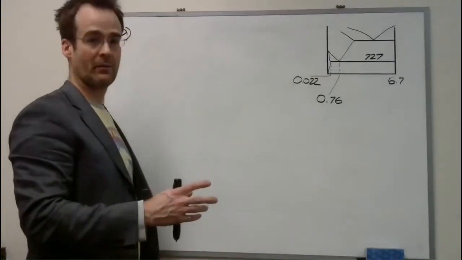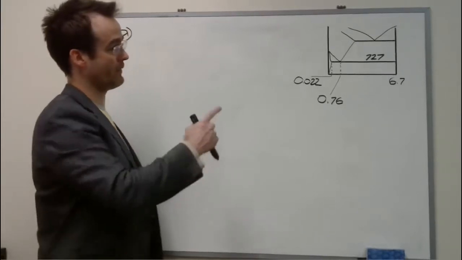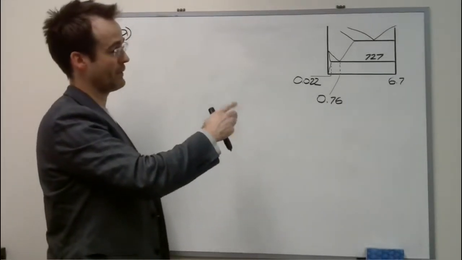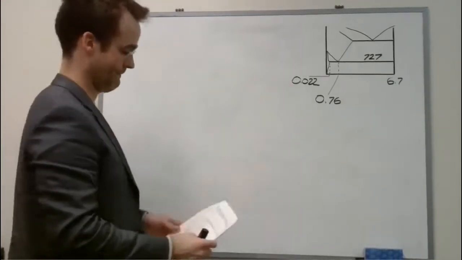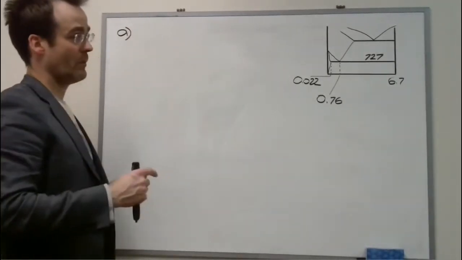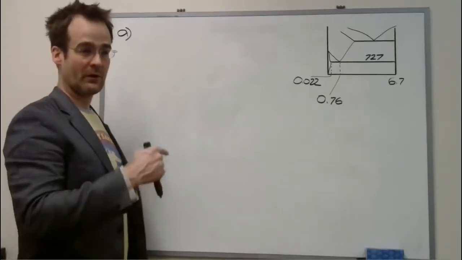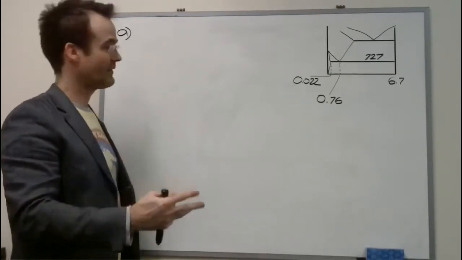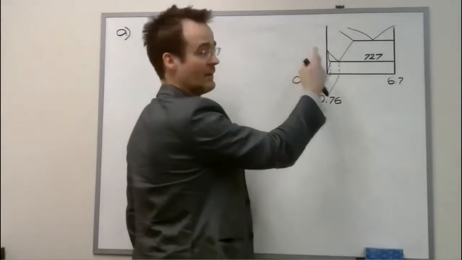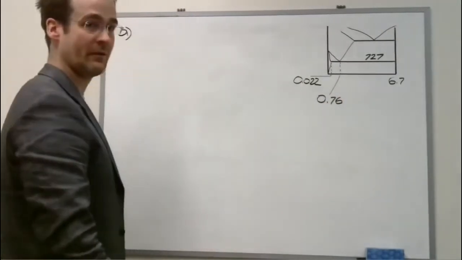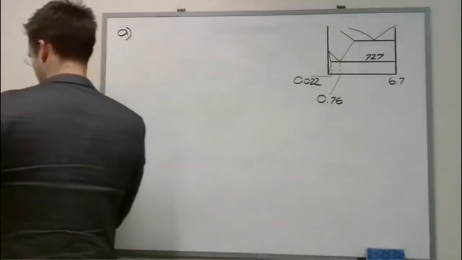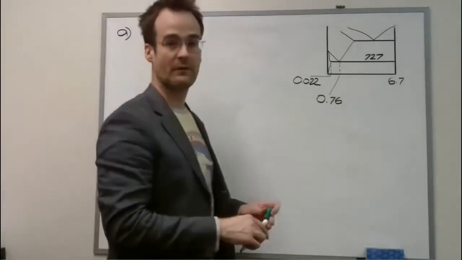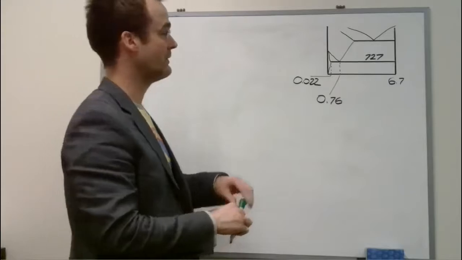Okay, so we're going to tackle part A. What I've done is I've just redrawn the phase diagram with the important compositions and temperature indicated over there. As with any phase diagram question, we're going to start off with what I call the coordinates, or just the temperature and composition combination that's given in the question. In this case, the question tells us 725 degrees.